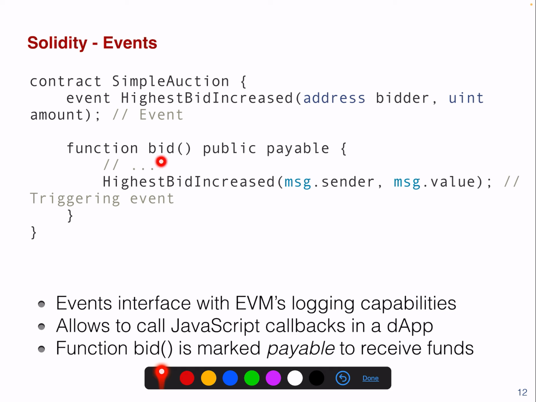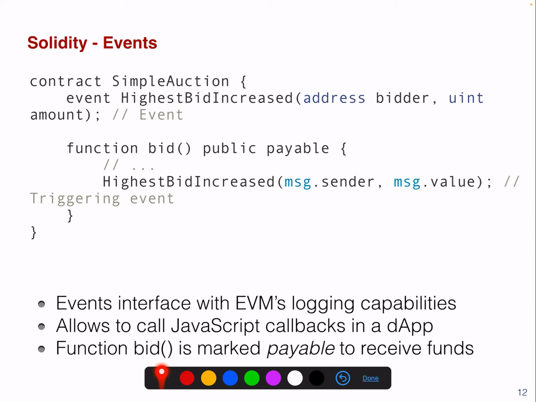So in the function bid, right, there's HighestBidIncreased. There's, for example, msg.sender and msg.value passed here, and then you can say this is triggering the event that you have defined above. So in your function bid, if this happens, you can trigger this particular event.